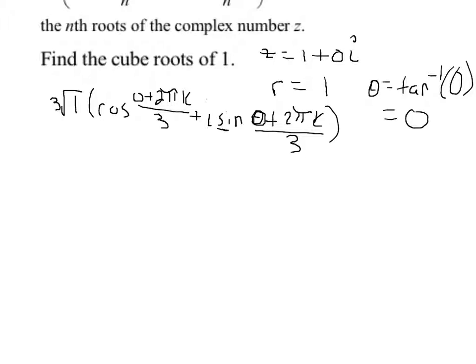Okay, so what we need to do now, because it is cube root, that means you need to find k equals 0, 1, and 2, because it said n minus 1. So 3 minus 1 is 2.